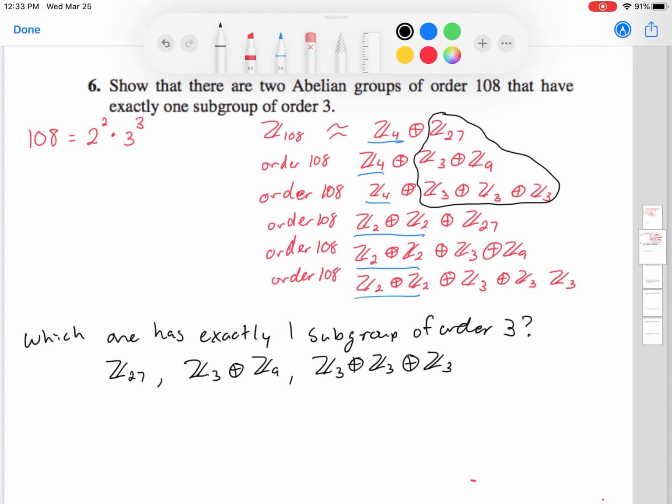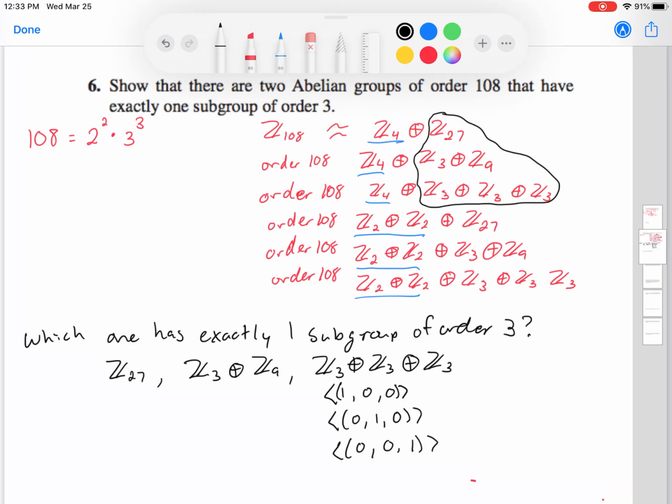We could say, well, with Z3 external direct product Z3 external direct product Z3, we would have subgroup order 3 if we had 1, 0, 0, the cyclic subgroup generated by that, or if we had this cyclic subgroup, or this cyclic subgroup.